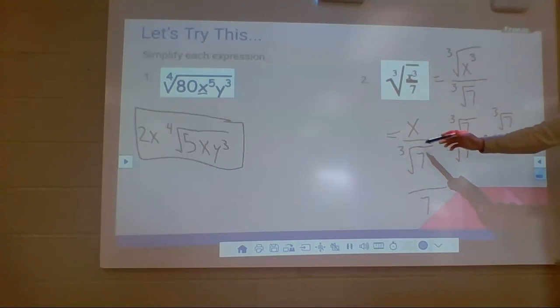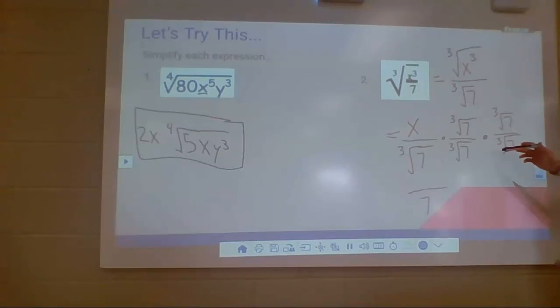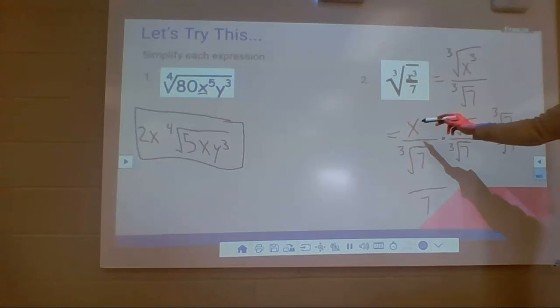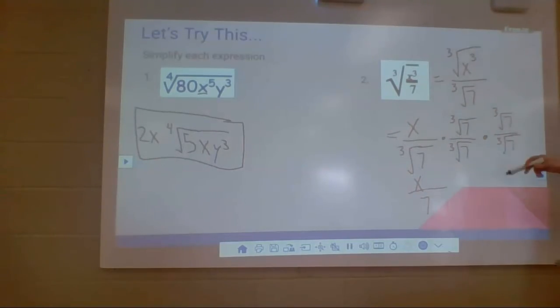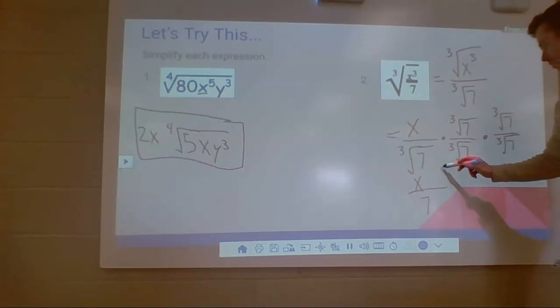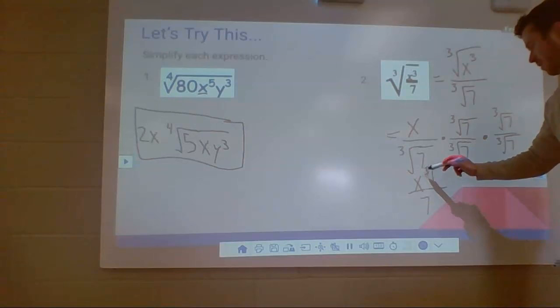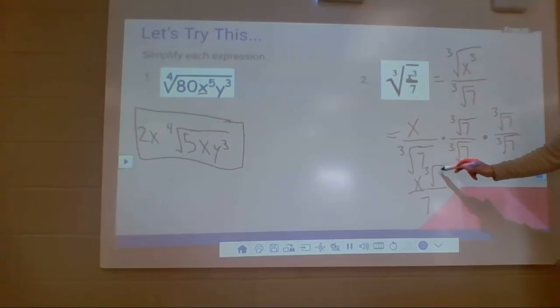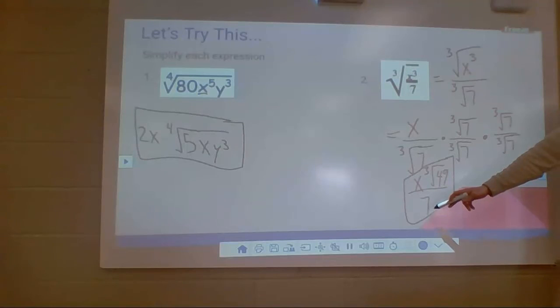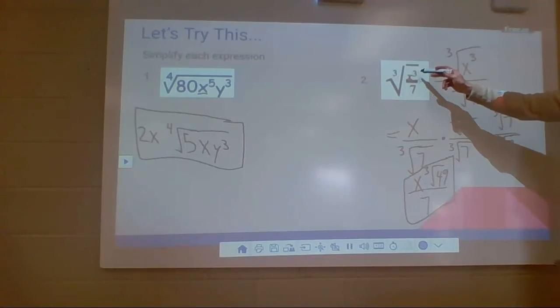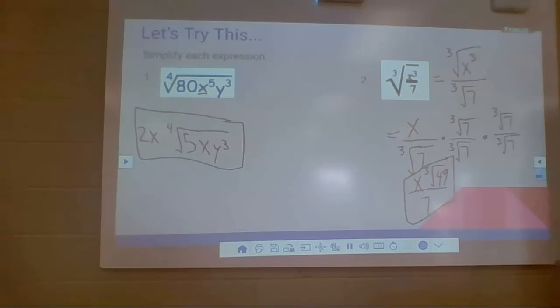So, see how I've gotten rid of the radical? Okay? Now, let's multiply the numerator. So we've got x, and then we've got the cube root of 7 times the cube root of 7. Well, you know that radical is going to stay the same. And then what's 7 times 7? It's 49. If we are to simplify and rationalize here, the cube root of x cubed over 7, we get x times the cube root of 49 over 7.